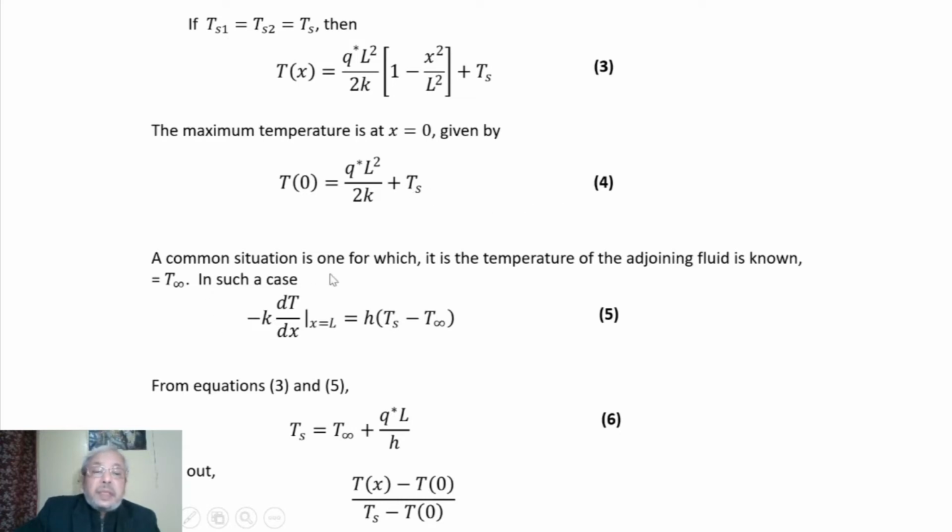A common situation is one for which the temperature of the adjoining fluid is known. We have already mentioned it, that is T infinity. In such a case, from the temperature distribution, we find the temperature derivative: minus k dT/dx at x equal to L will be equal to h (Ts minus T infinity).